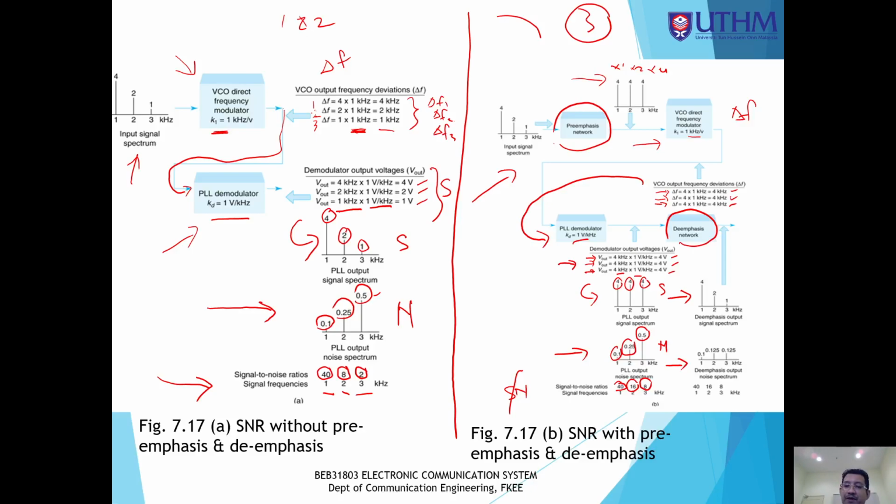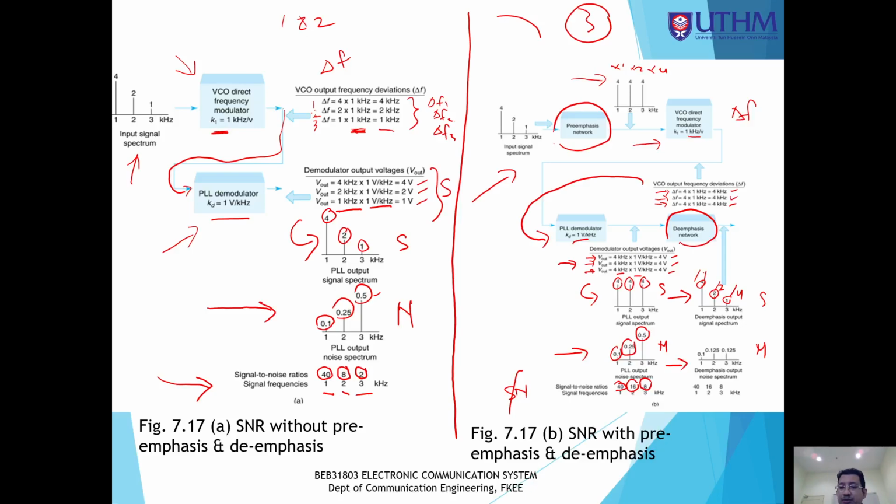So we divide by 1, divide by 2, divide by 4. So 4 divided by 1, we get 4. 4 divided by 2, we get 2. 4 divided by 4, we get 1. Similar with the noise level, we reduce with the same factor, so we get 0.1, 0.125, 0.125.